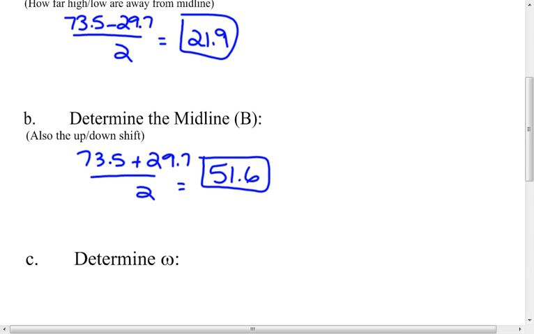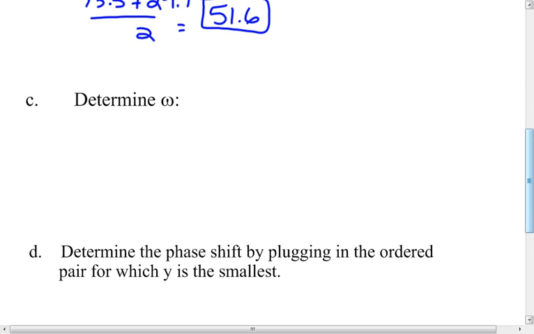Your W is kind of determined by your period. To find your W, you will take 2 pi divided by your period. If you think about this, it gives you the temperatures by month. And so it goes from January, February, March, all that. The temperatures are by month. The pattern will repeat itself once a year, but because they gave you your data in months, then your period is 12 months.